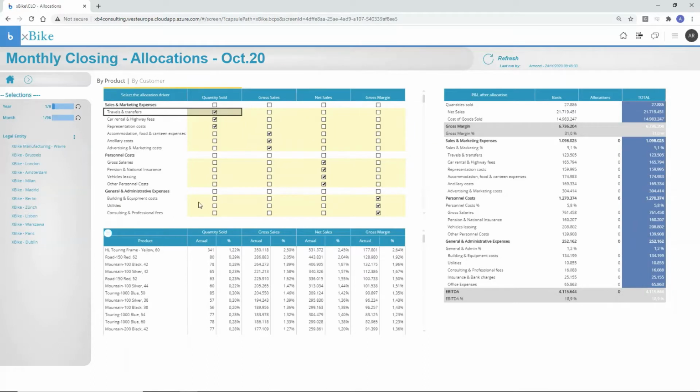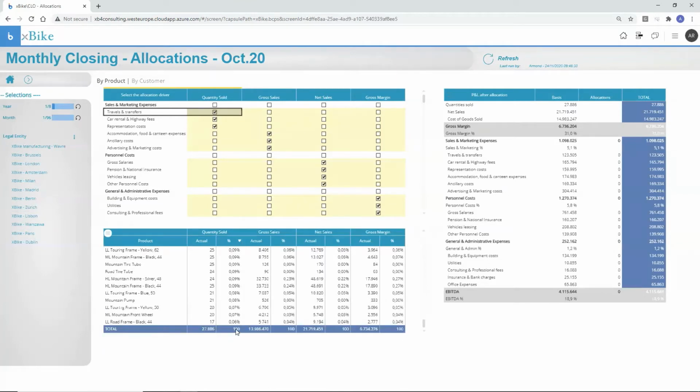I can say, okay, if I want to allocate my travels and transfers expenses by quantity sold, here I have my quantities, actual quantity sold, the products by row. If I sort here on the percentage, I see that most of the travels and transfers expenses will go to this product, which has 4.68% of the total quantity sold that I can find back here.